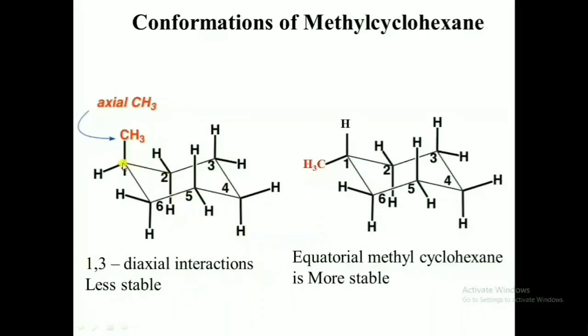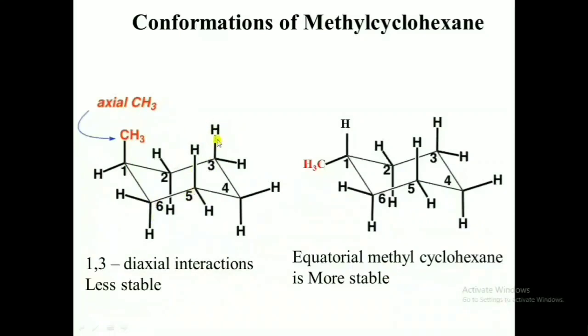Starting from this carbon atom, if you go in this direction, this is 1, 2, 3, the third carbon atom. And if you go in this direction, 1, 2, 3. Even though the carbon atoms are numbered 1 to 6, if you go in two directions, the hydrogen atoms attached to those carbon atoms which interfere with this CH3 are at the third position. So that's why it's called the 1,3 diaxial interaction.